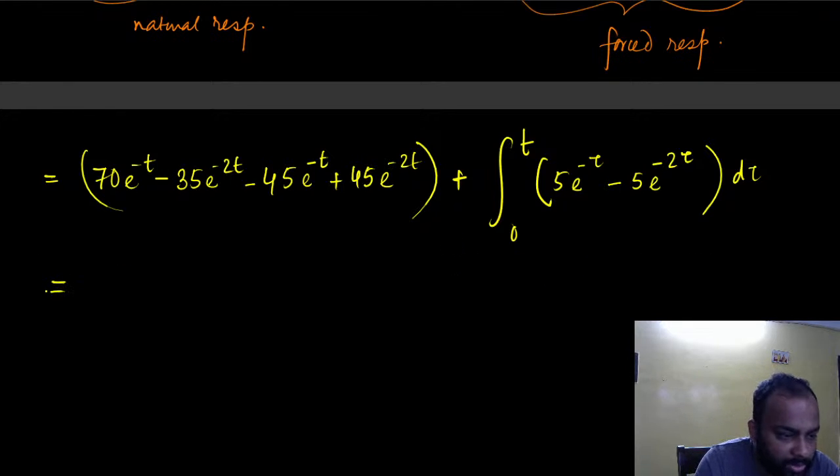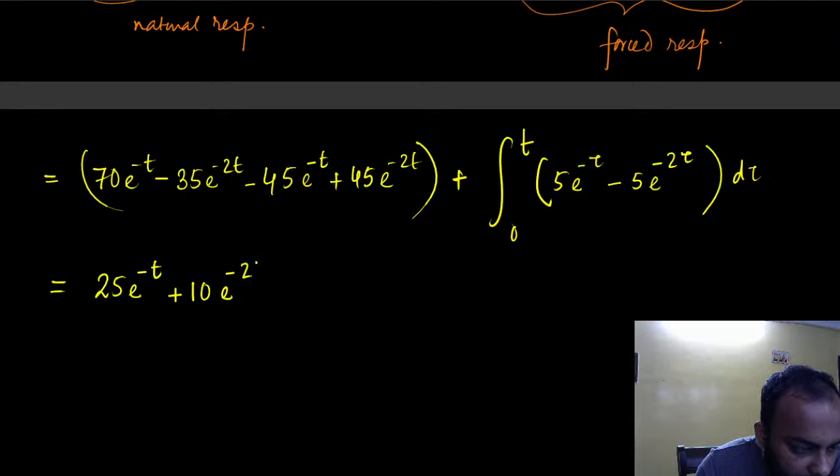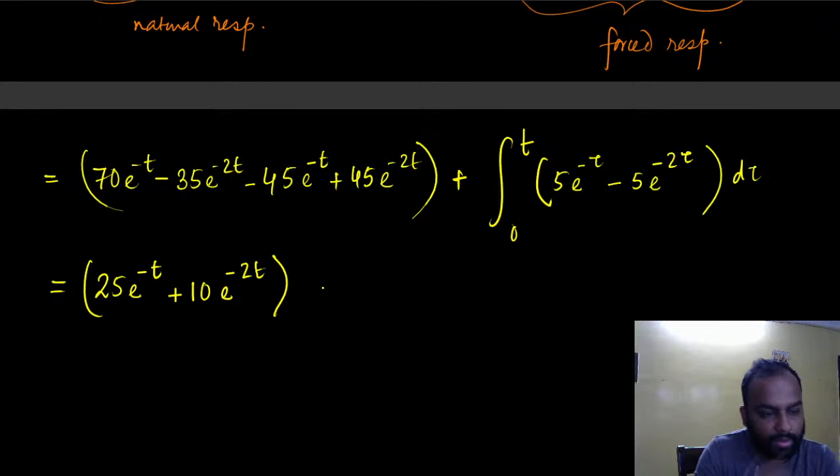So let's see the calculation. That's 25 e to the power minus t, and plus 10, that's the natural response, plus this integration here. Of course that's the forced response, so let's do the integration.